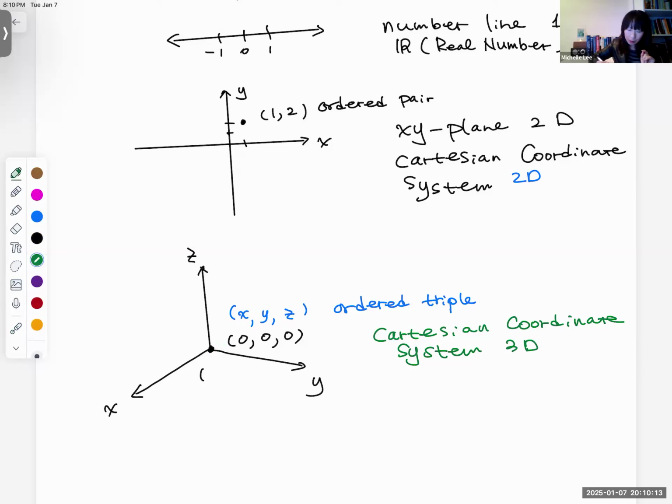So everything on this part is negative for the x values. Now looking at the y-axis: this is 1, 2, 3, 4, 5, 6, and so on, right? And this part will be negative.